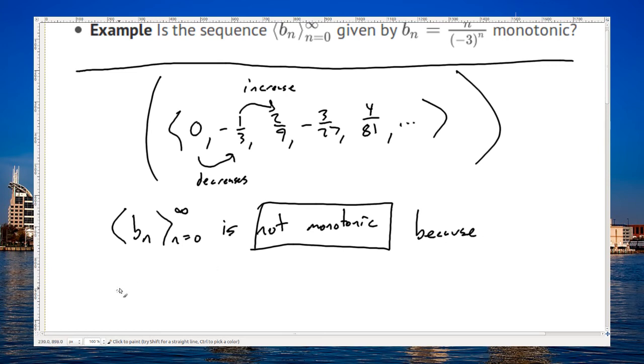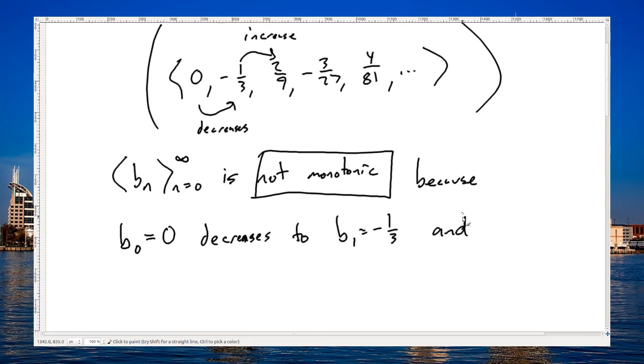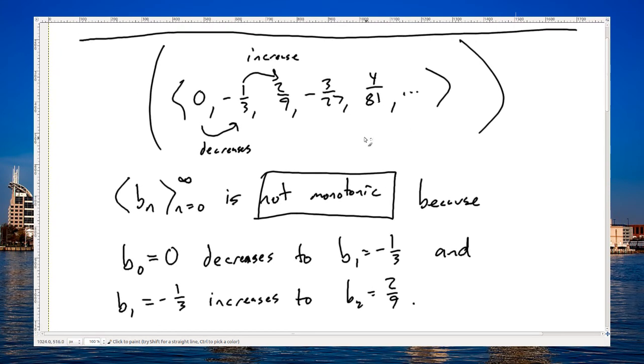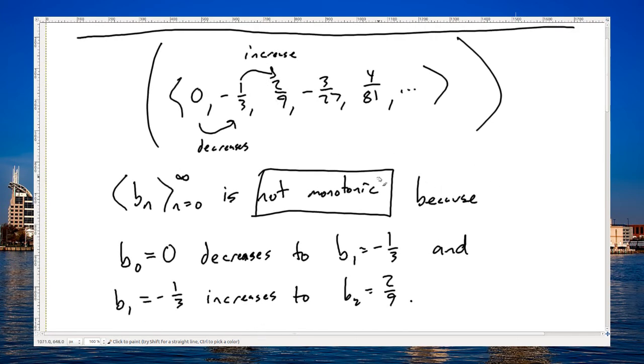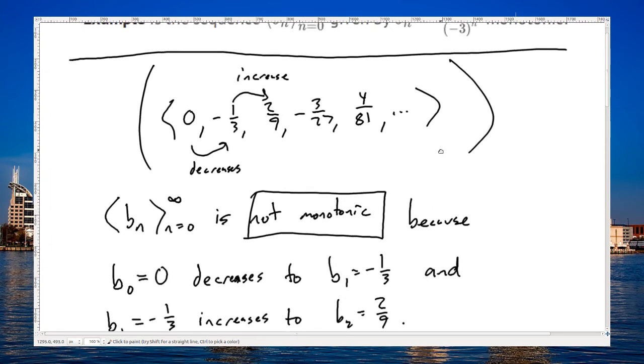Because b₀, which is 0, decreases to b₁, and b₁ increases to b₂. So all I have to do is show an example of some pair of terms where it decreases and another pair where it increases, and that will prevent monotonicity.